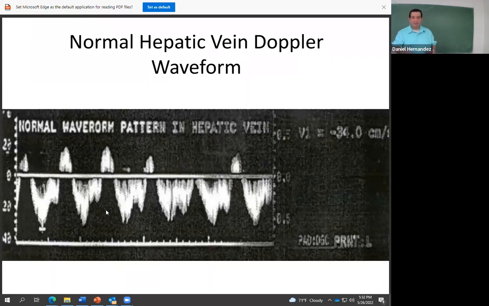But because of that close proximity to the right atrium of the heart, we do have some of that cardiac influence on this waveform. It has to do with the filling and emptying of the right atrium that we get this flow reversal. Contraction and expansion of that right atrium, some of that gets translated back into the hepatic veins, and we can pick that up on our Doppler waveform.